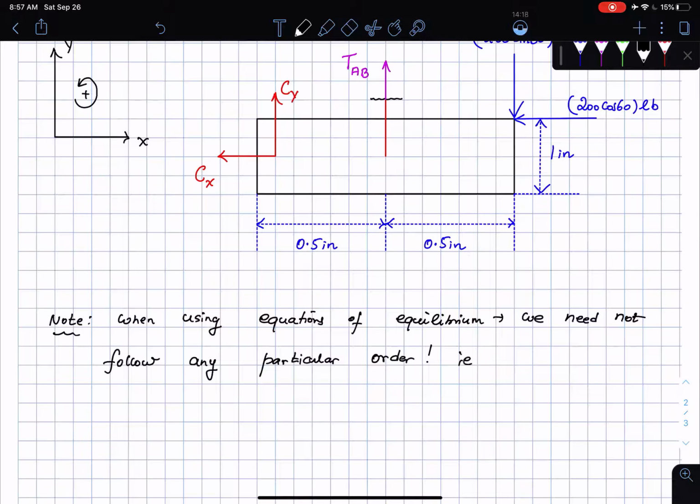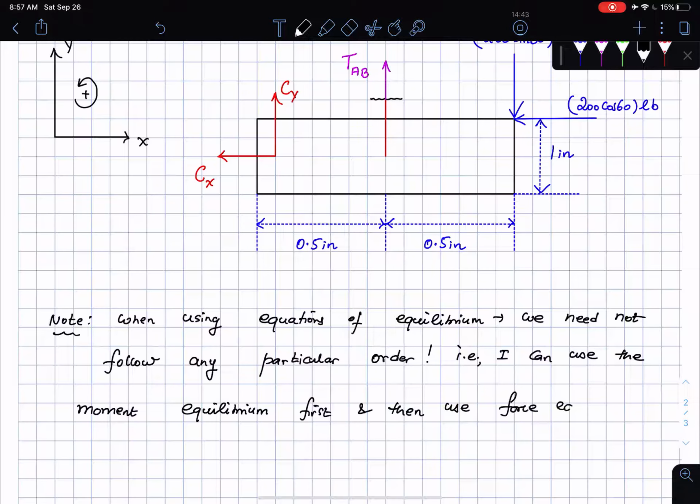That is, I can use the moment equation first, moment equilibrium first, and then use force equilibrium, or vice versa.